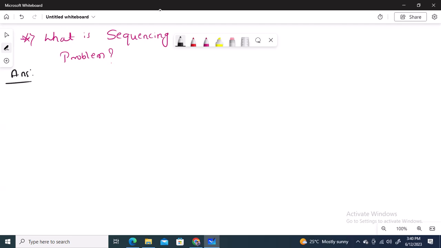A sequencing problem is the process of determination of an optimal sequence or optimal order for performing some set of jobs or series of jobs by a number of facilities, so as to optimize the total time or cost. This is a very important concept when it comes to minimizing the cost, maximizing the profit, as well as minimizing the total distance, total time, and total cost.